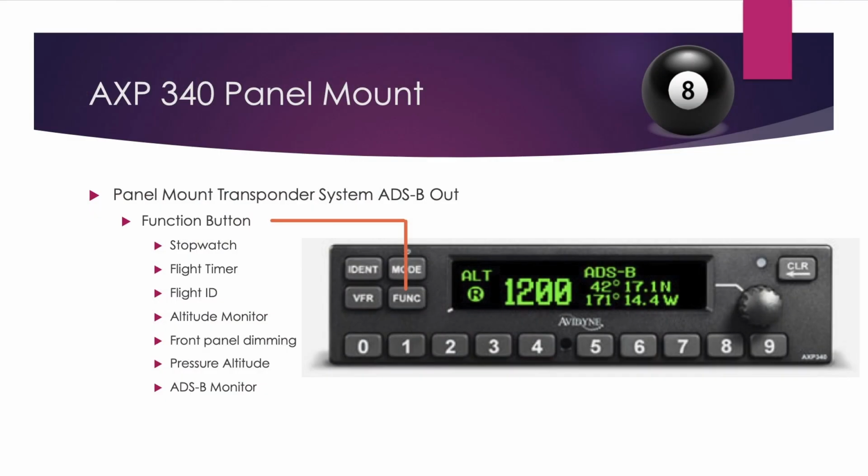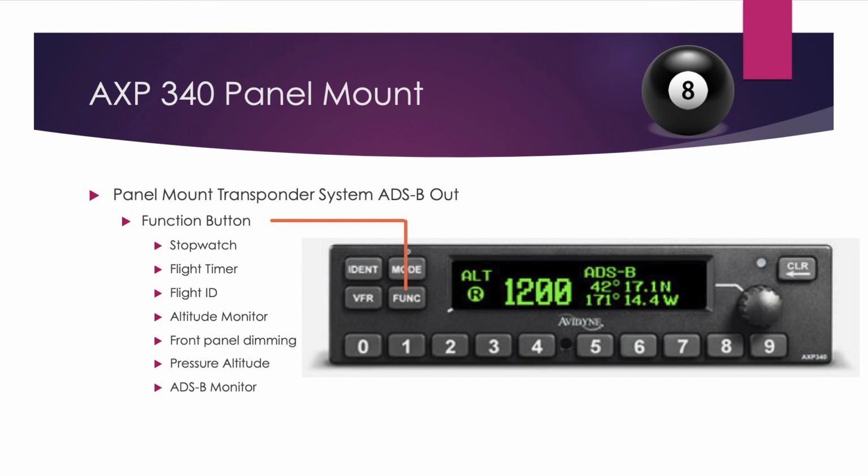Let's talk a little bit about the APX 340. This model has a function button. We have a stopwatch, flight timer. If you click on that function button, you can go through all these little tools that are built in.